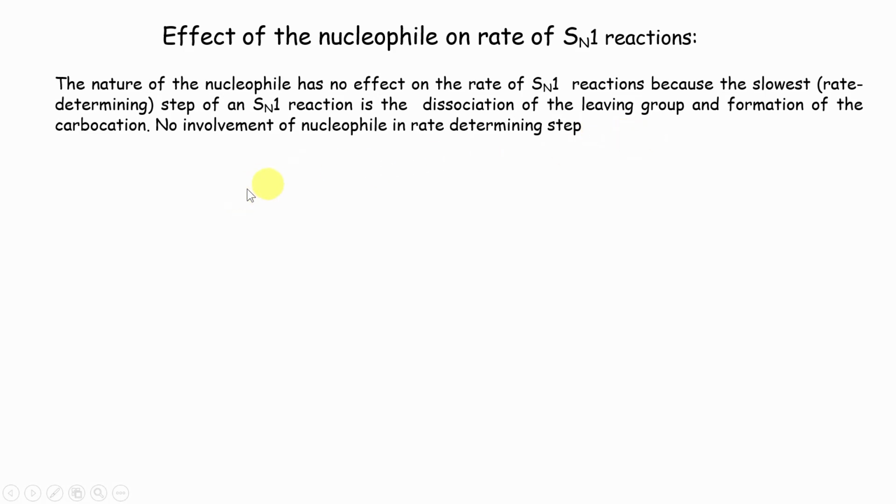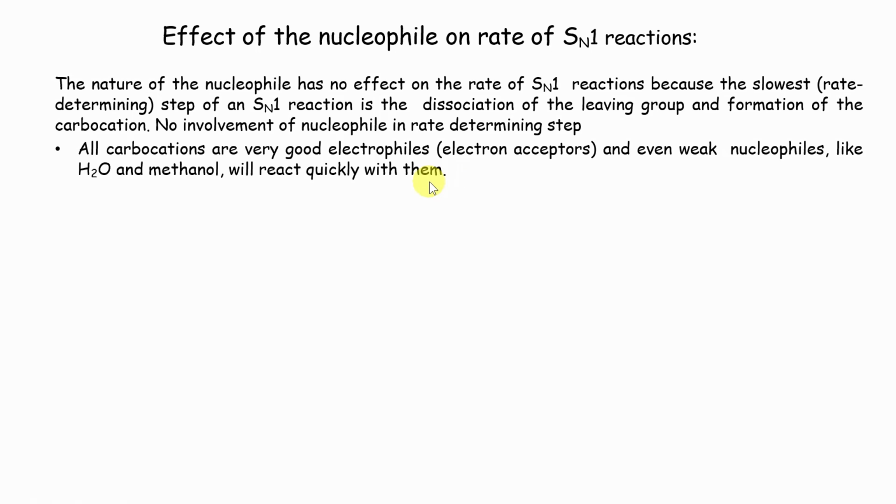There is no involvement of the nucleophile in the rate determining step, and hence the nature of the nucleophile has no effect upon the rate of SN1 reaction. See, all the carbocations are very good electrophiles. They are electron acceptors, and even weak nucleophiles like water and methanol, which are solvents, will react quickly with them.